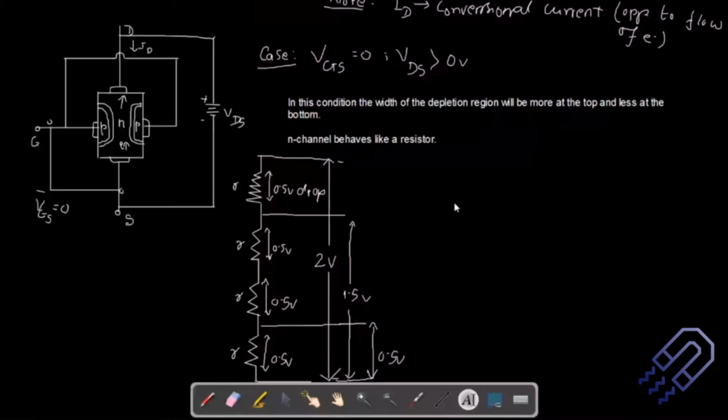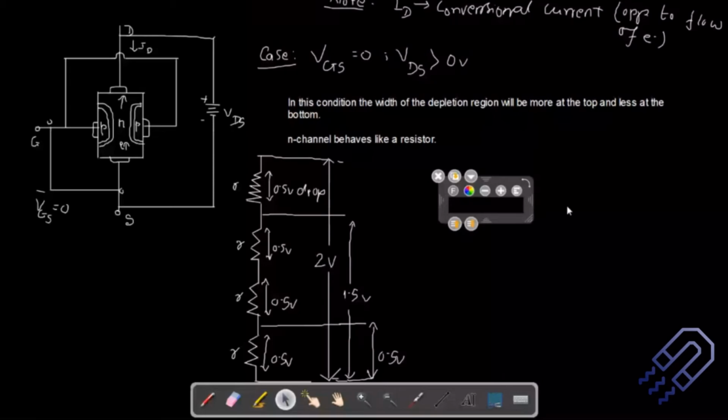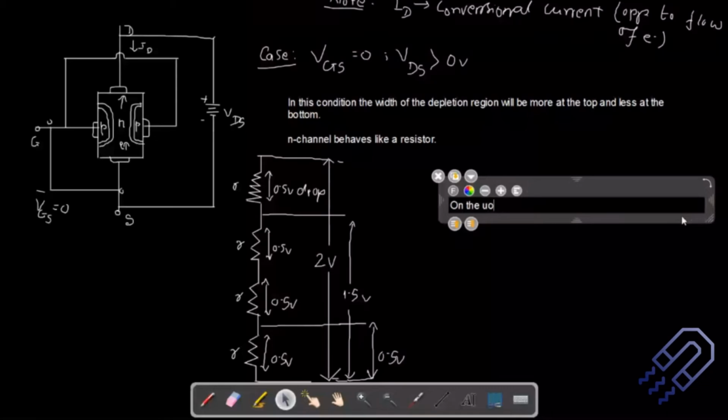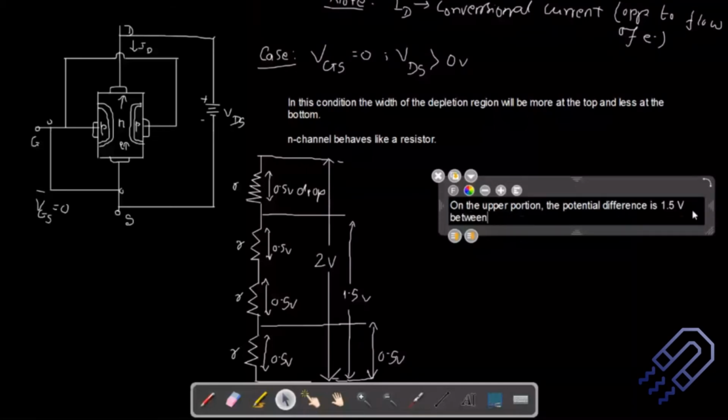On the upper portion, we have the potential difference of 1.5 volt between gate and drain terminal.